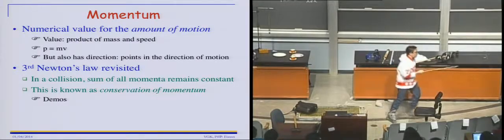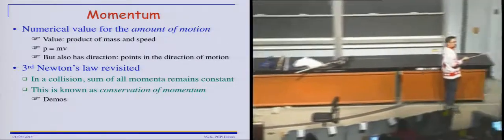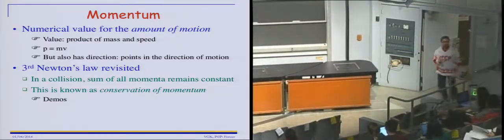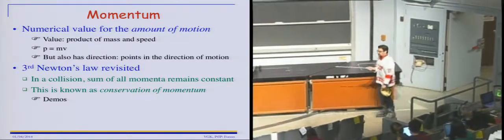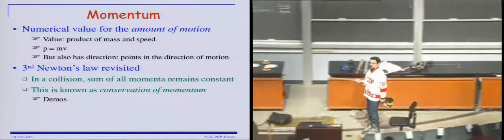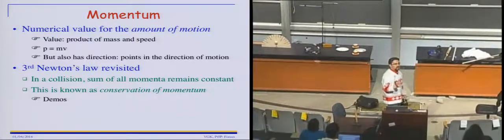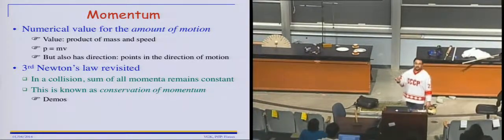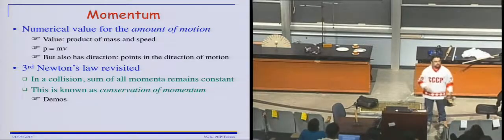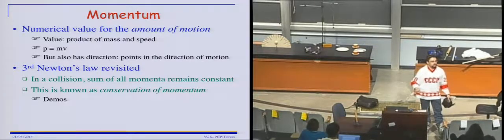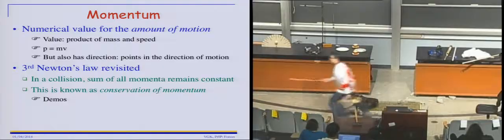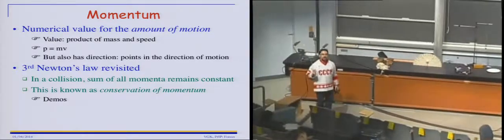So if I'm moving in this direction, my momentum is pointing to the left of me. If I change direction, my momentum would point in the opposite direction. Quantitatively, momentum is a product of mass times velocity. So the more massive I am, the more my momentum is. The faster I move, the larger my momentum is.